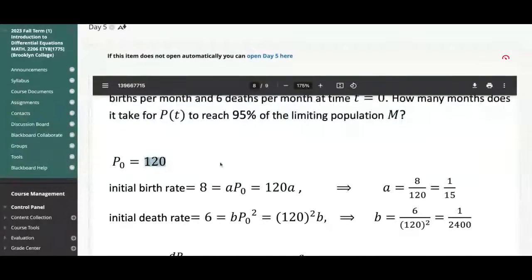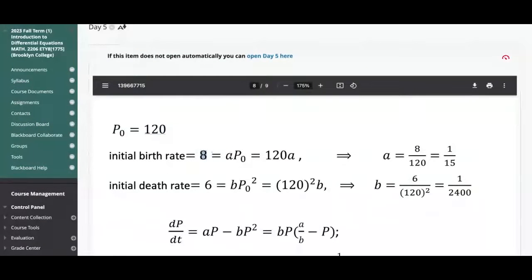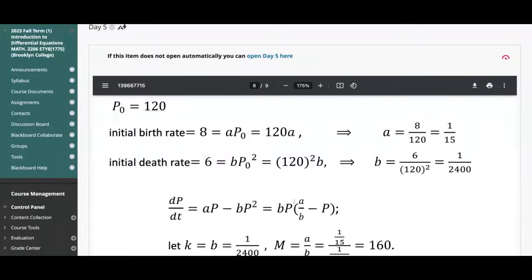Okay, initial population is 120. Initial birth rate 8, which is A P naught, equals 8, so we solve for A, that's 1/15. And the initial death rate 6 is B times P naught squared, and the initial population is 120. We solve for B, so B equals 1/2400.